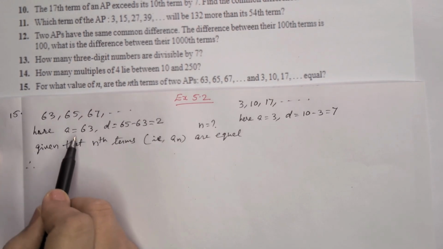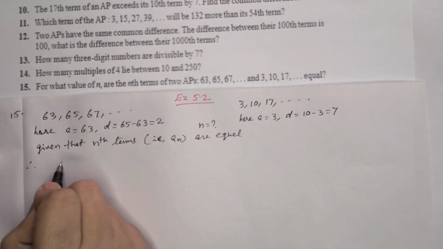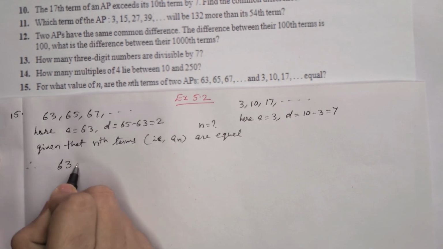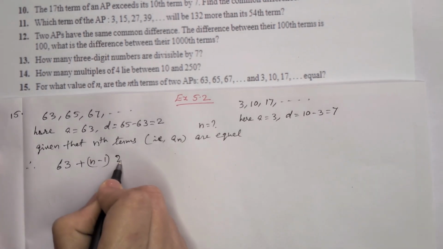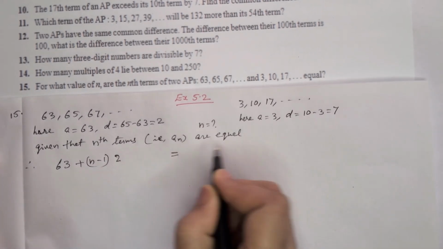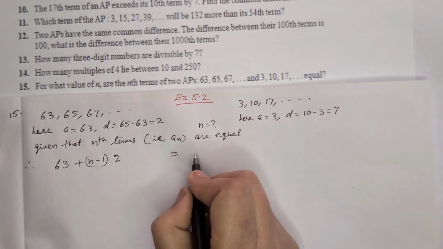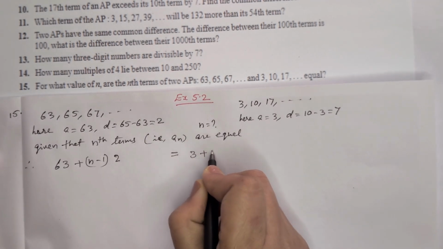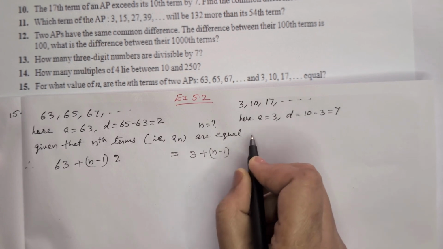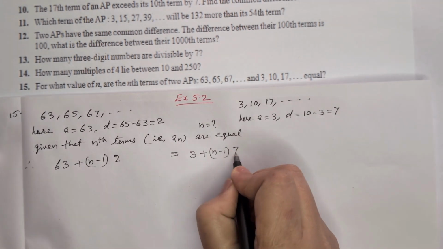So the an of the first AP we can write as a plus n minus 1 into d. a means 63 plus n minus 1 into d, that is 2, which is equal to the nth term of the second, that means a, 3, plus n minus 1 into d, d is 7.